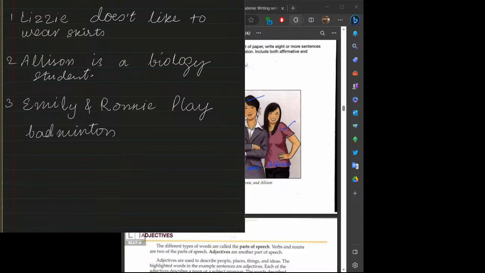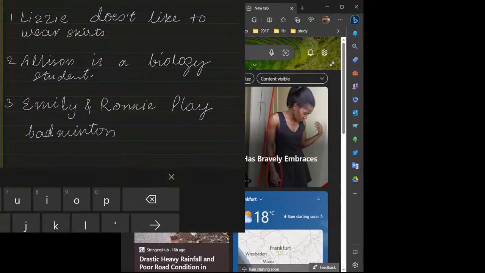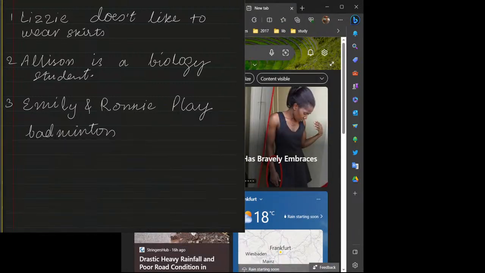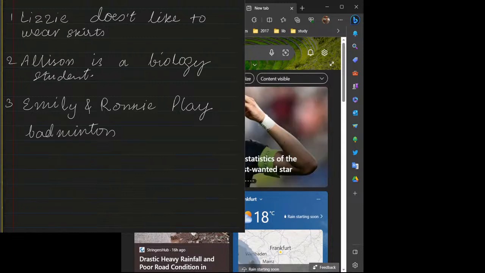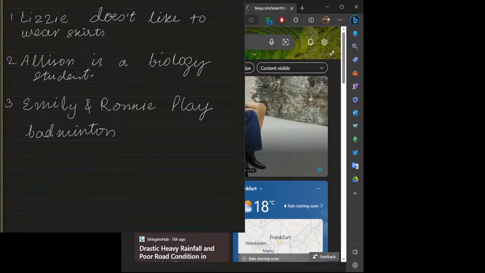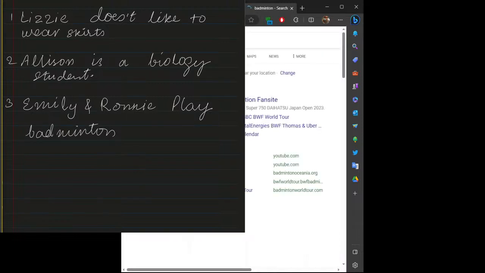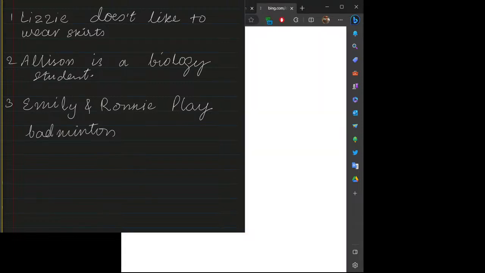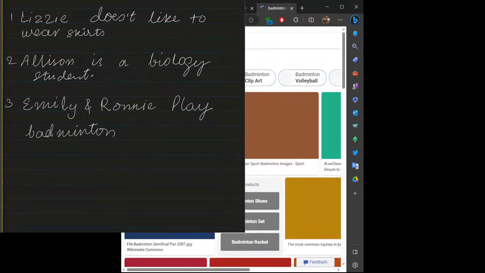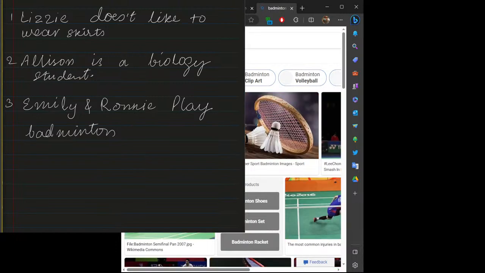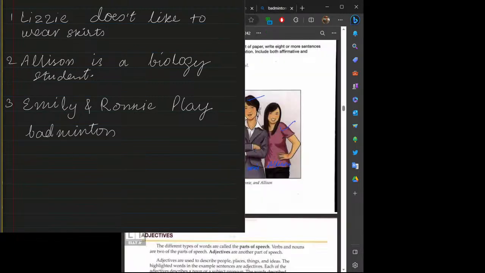Oh yeah, badminton is right. These are the rackets, and that's the badminton ball. The spelling is right. They like badminton. What should the fourth sentence be?